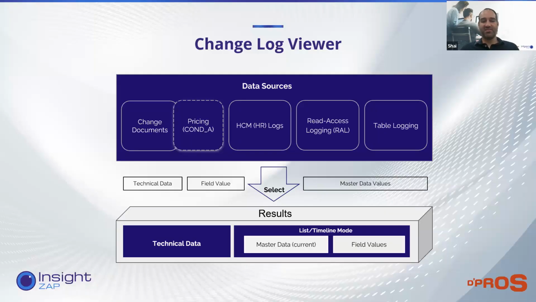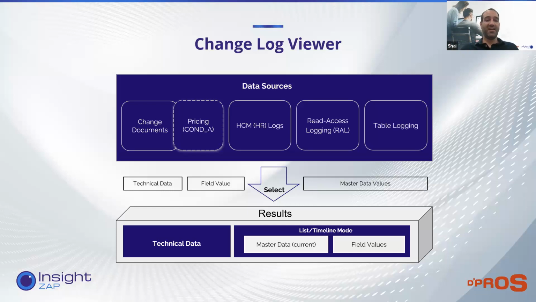So how does it basically work? The changelog viewer is a central monitor of different data sources. It includes the change documents, including a special handling for pricing, which has an additional price parsing for the different database tables of pricing.